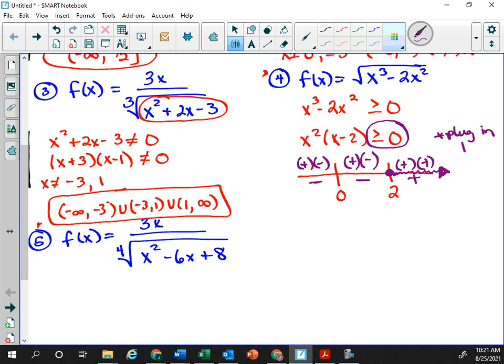What about the 0? I want where it's greater than or equal to 0. What happens at 0? Doesn't it equal 0 there? Yeah, it does. So your answer to this is 0 by itself, and then from 2 to infinity.